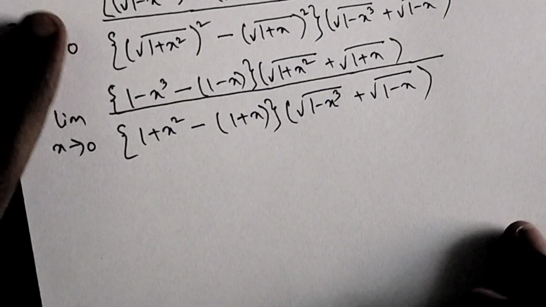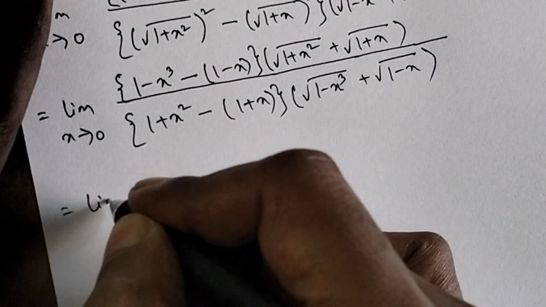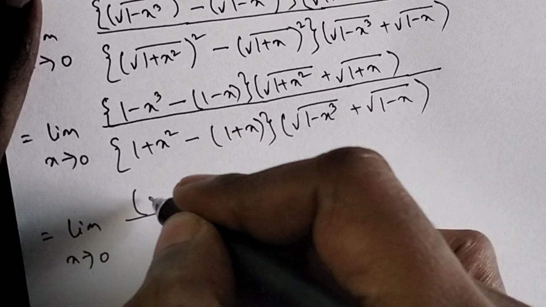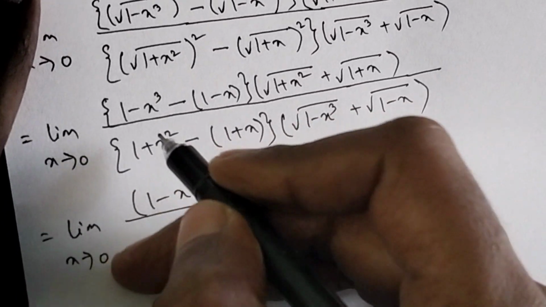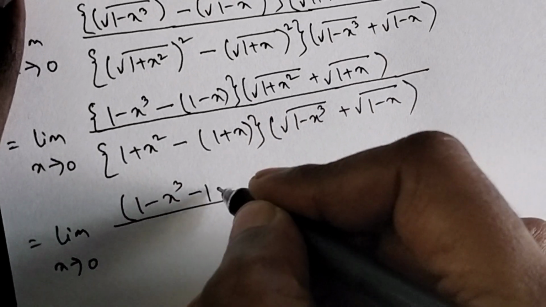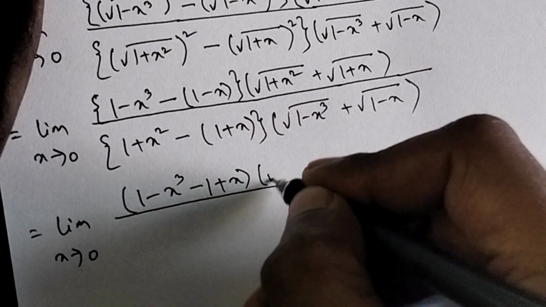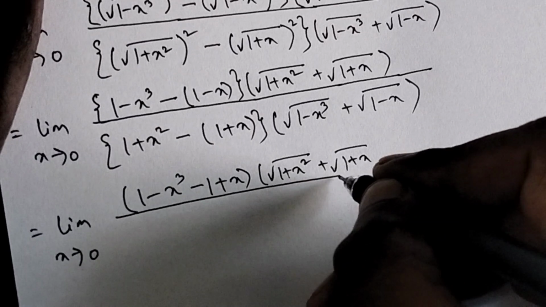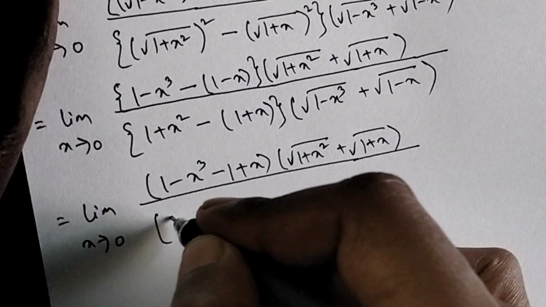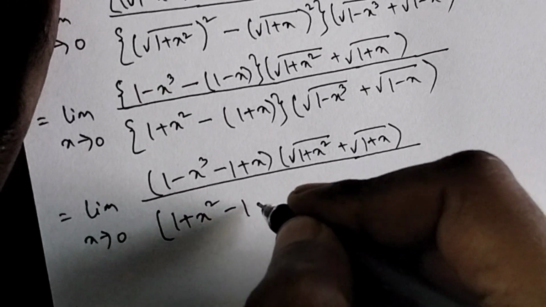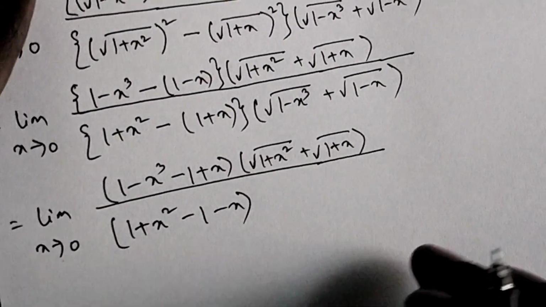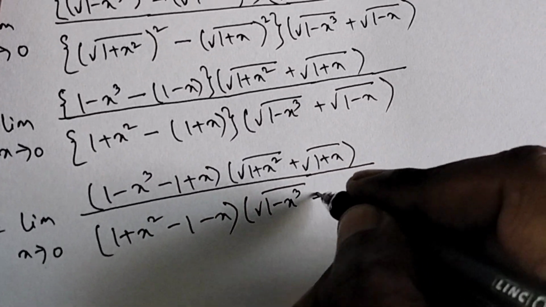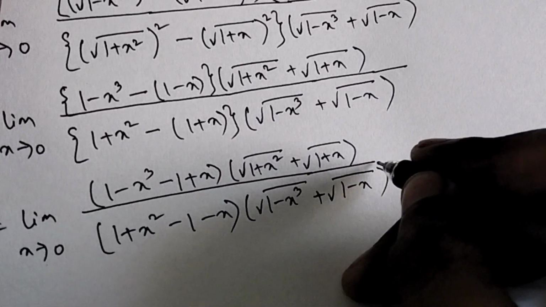So it will be limit x tends to 0, 1 minus x cube minus 1 plus x, under root 1 plus x square plus under root 1 plus x, divided by 1 plus x square minus 1 minus x, under root 1 minus x cube plus under root 1 minus x.